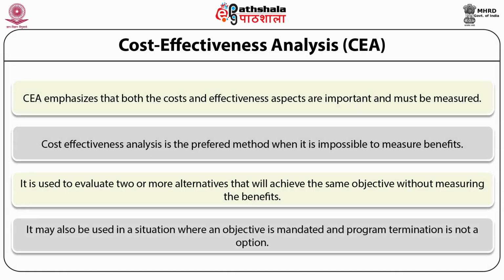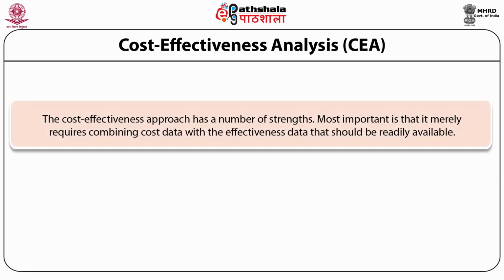It may also be used in a situation where an objective is mandated and program termination is not an option. The cost effectiveness approach has a number of strengths. Most important is that it merely requires combining cost data with effectiveness data that should be readily available.